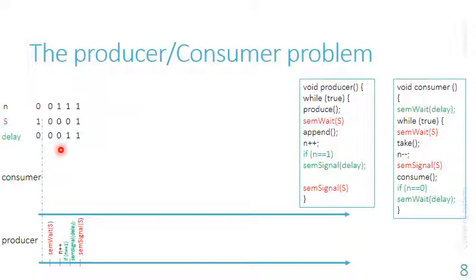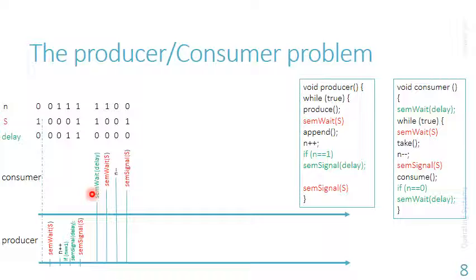It incremented n, signaled delay, so now delay is available, and then it signaled back S, so S is available again. Now comes the consumer's turn.